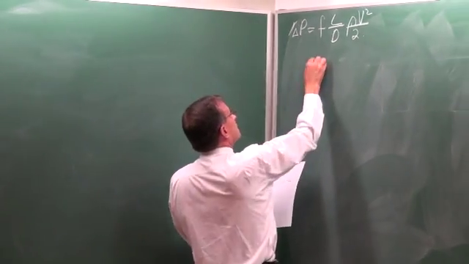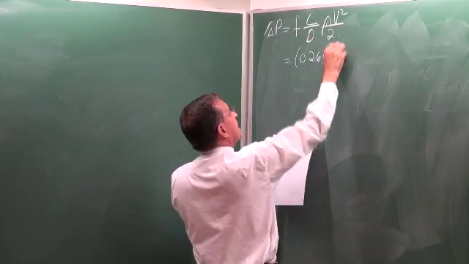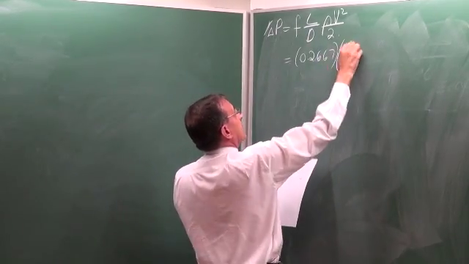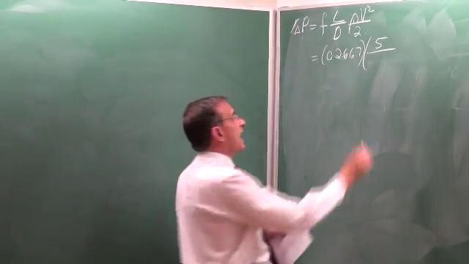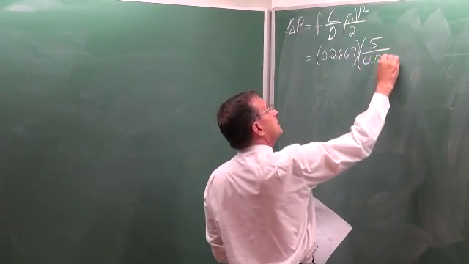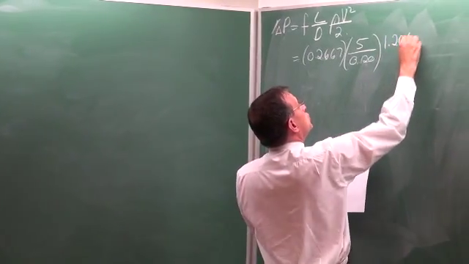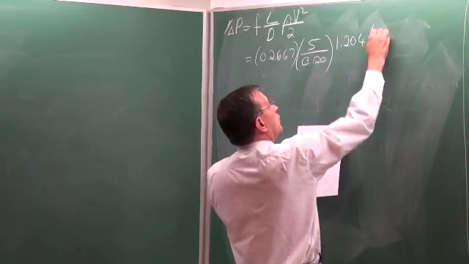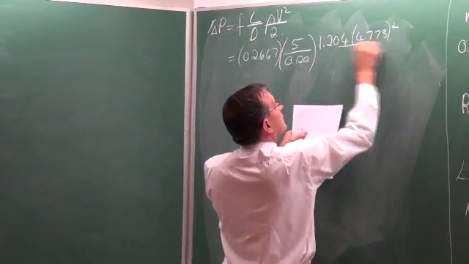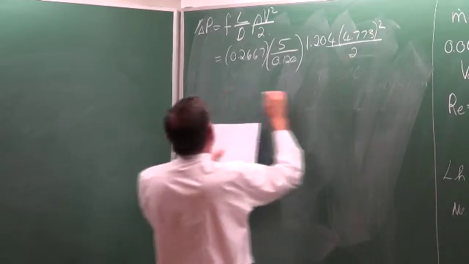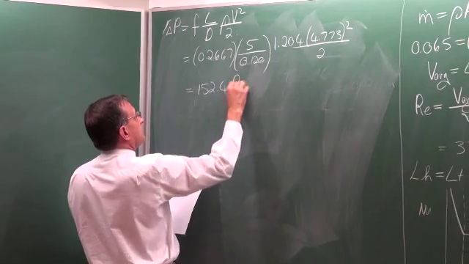The friction factor is equal to 0.2667 multiplied by the length of the tube, which is 5 meters, divided by the diameter, which is 120 millimeters, multiplied by the density, which is equal to 1.204, multiplied by the velocity squared, 4.773 squared, divided by 2, and that gives us a pressure drop of 152.4 pascals.